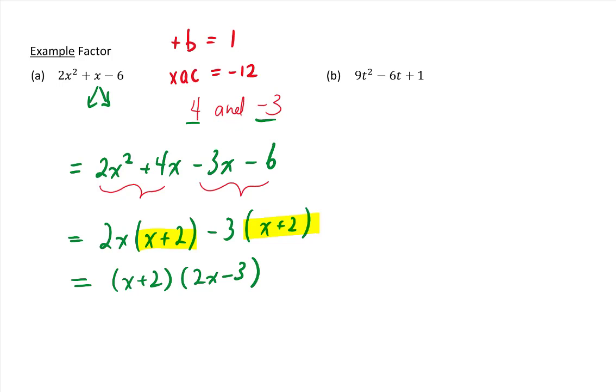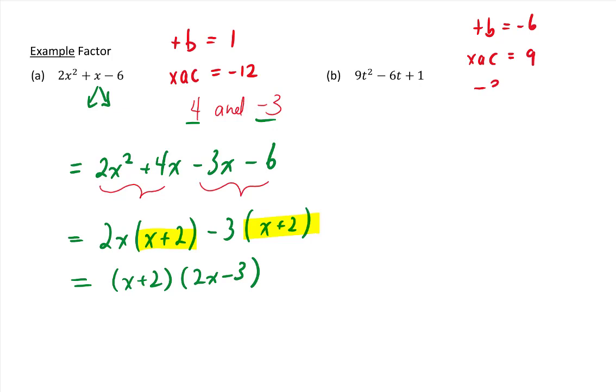So for b, I need two numbers that add to negative 6, the b value, and multiply to a times c, which is 9. So think of factors of 9. 9 and 1, 3 and 3, negative 3, negative 3, negative 9, negative 1. Which set will add up to negative 6?